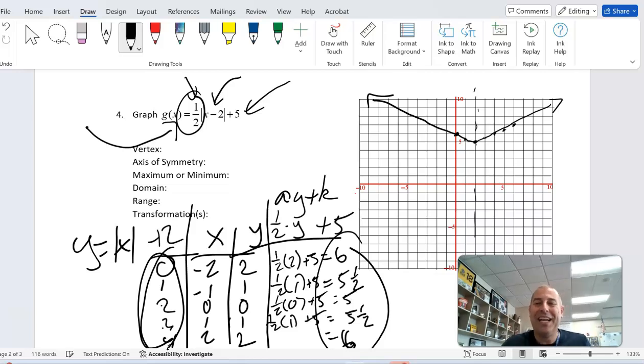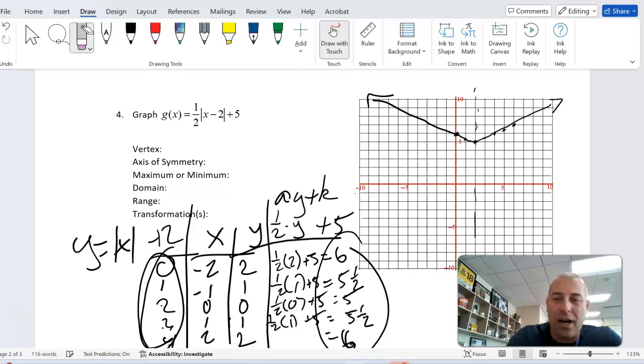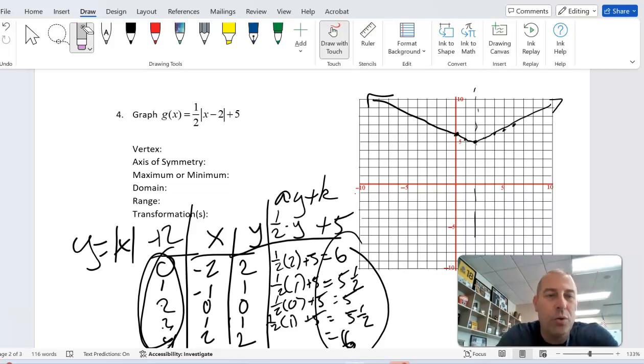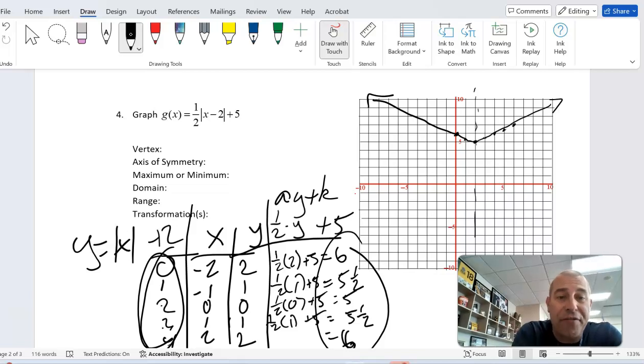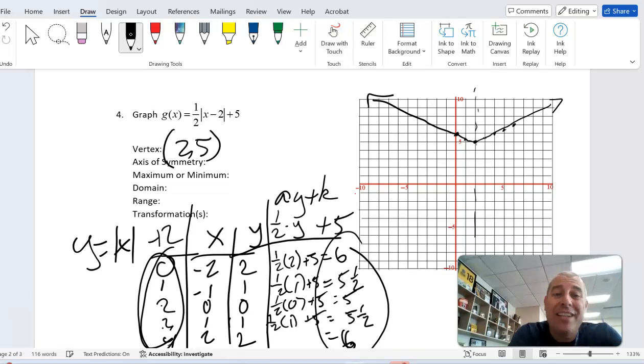And there we are. So if we go back to the very beginning of the problem here, all right, we've gone to the right 2. Take a look at what the vertex is. It's gone from 0, it's gone to the right 2. Plus 5. Instead of being at 0, it's pushed up 5. So my vertex is at 2, 5. So I can actually get the vertex right off of this information right here.